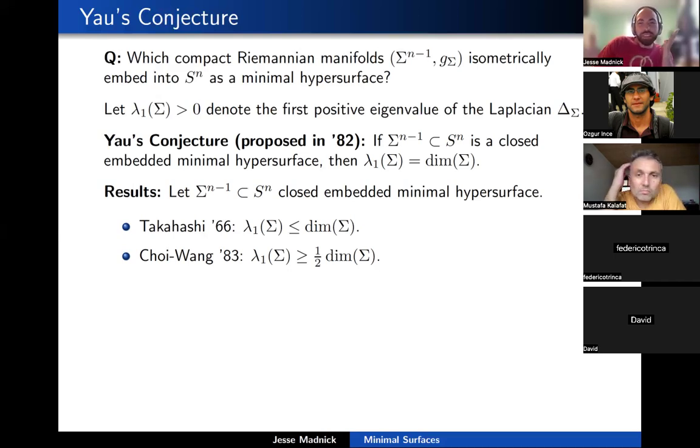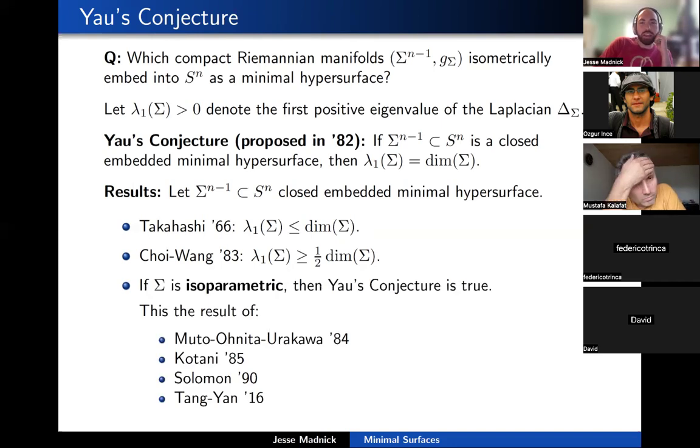But has this conjecture been verified for any examples? The issue, of course, is that calculating the eigenvalues of the Laplacian is very hard. But nevertheless, for the isoparametric minimal hypersurfaces in S^n, Yau's conjecture has been verified.